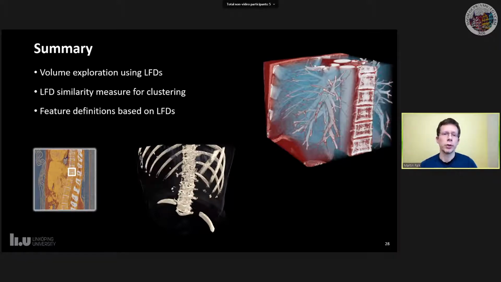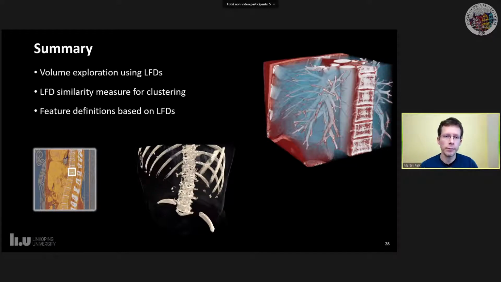And as has been shown before in related work, like for example, the alpha histograms, the use of local frequency distributions or histograms actually reveals more features compared to just the global histogram. We then use these feature distributions to define a similarity-based metric, which allows us to go for clustering, and then the output of the clustering in turn allows us to define features both automatically and interactively, depending on the chosen selection mode.